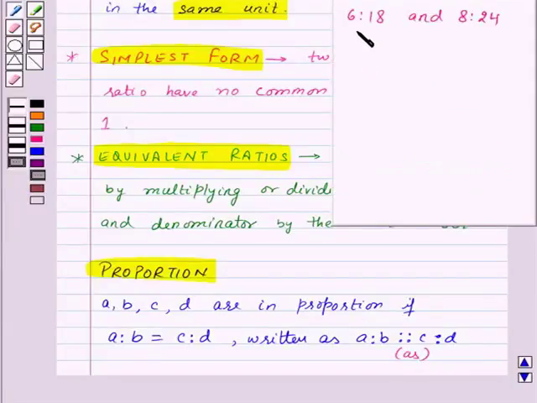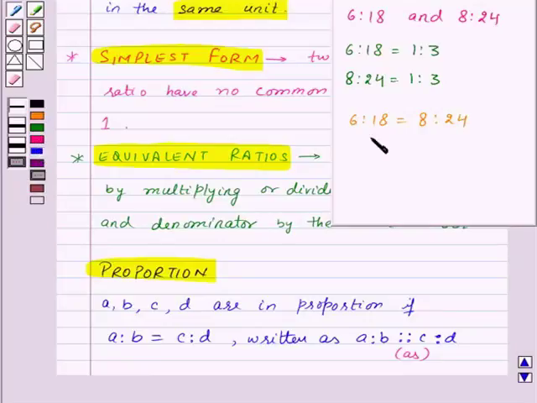Now suppose we are given two ratios 6:18 and 8:24. Now 6:18 is equal to 1:3 in its simplest form. Also 8:24 is equal to 1:3 in its simplest form. So that means the ratio 6:18 is equal to the ratio 8:24.